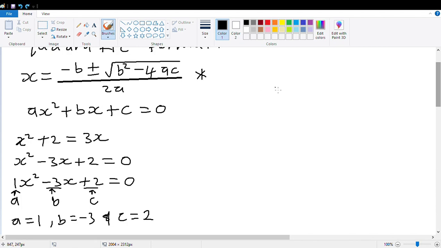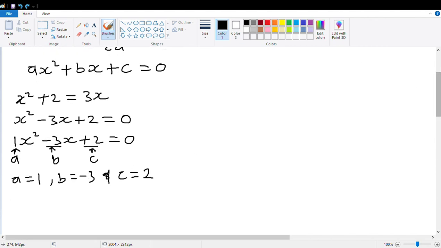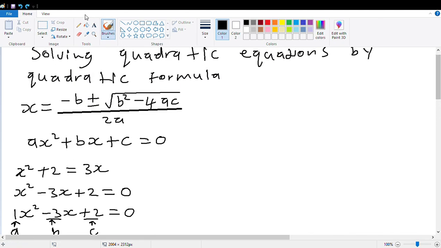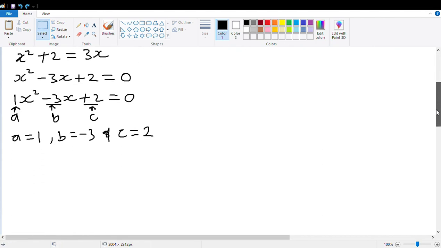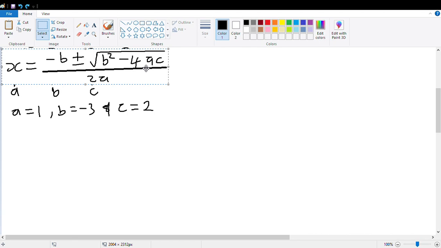Therefore you'll be having, let me just copy the equation there to avoid rewriting one thing over and over. Copy and paste.